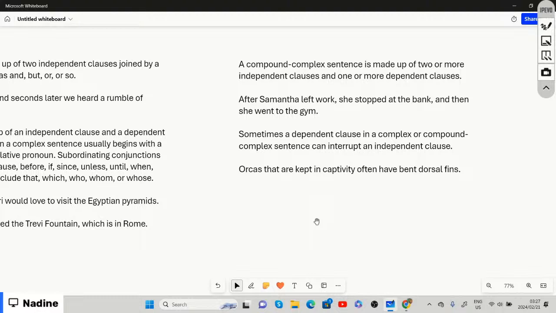Sometimes a dependent clause in a complex sentence can interrupt an independent clause. For example, orcas that are kept in captivity often have bent dorsal fins.